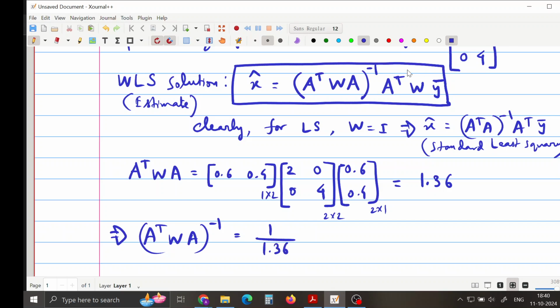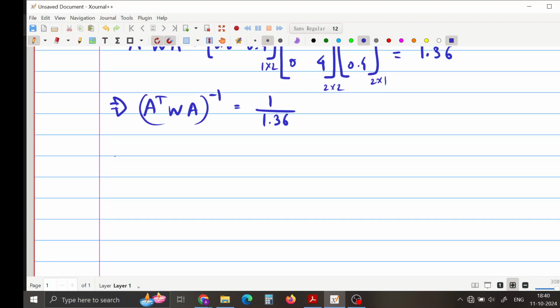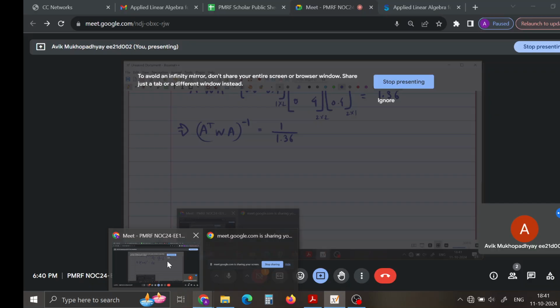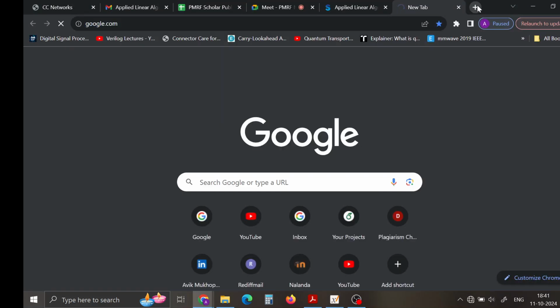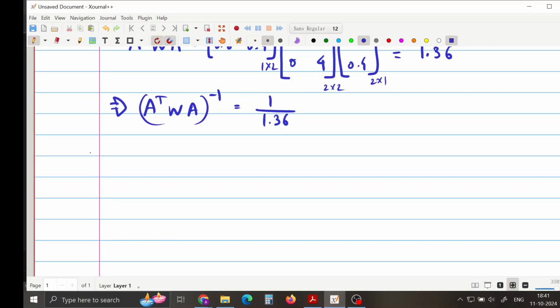Now let's find the remaining part, which is A transpose W y bar. Which is A transpose again 0.6, 0.4.